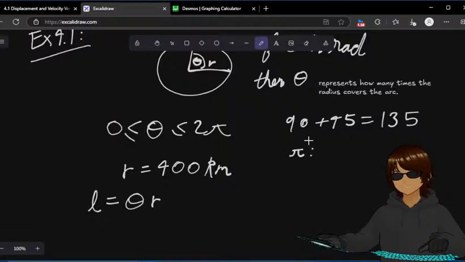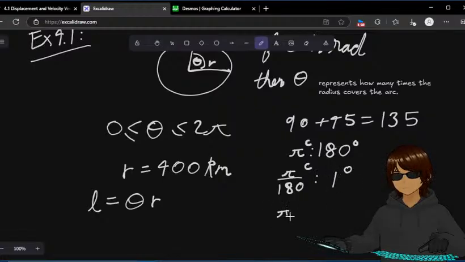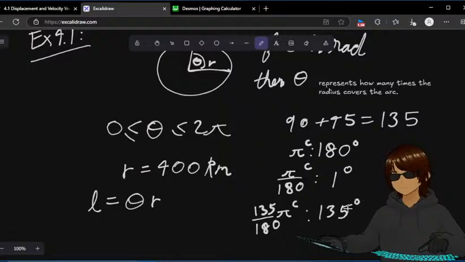Pi radians is 180 degrees. Pi over 180 radians is 1 degree. So 135 over 180 pi radians.